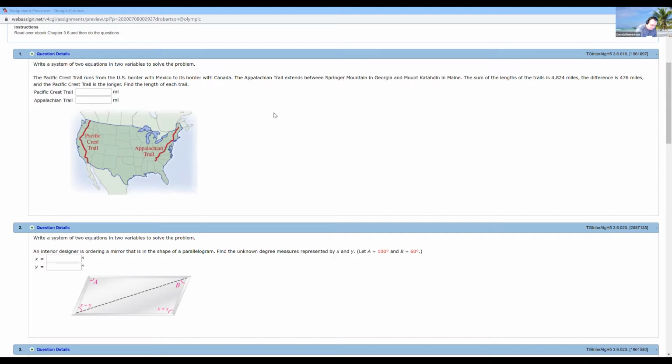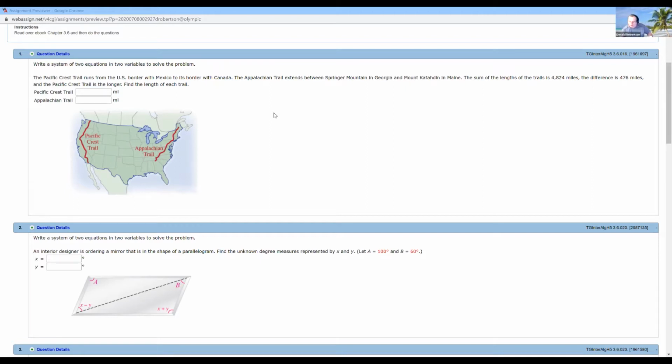And I'm going to make Y, my second variable, be the length of the Appalachian Trail. And we're told, I'm just writing down these numbers so you can see where my equations come from, that when you add the two things together, it's 4,824. And when you find the difference of these two, it ends up being 476.